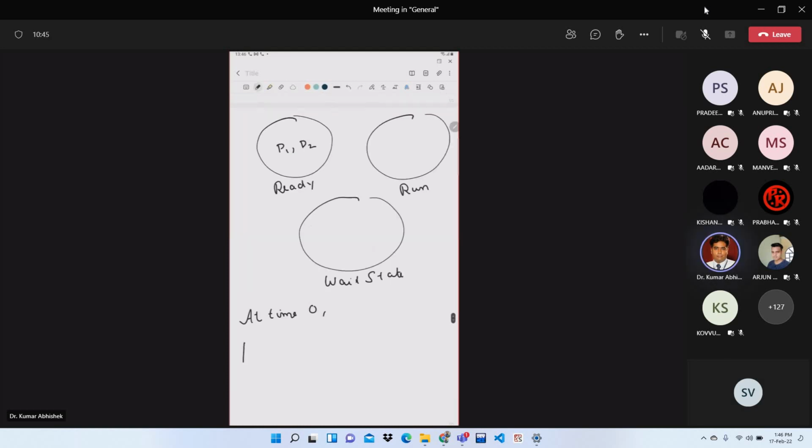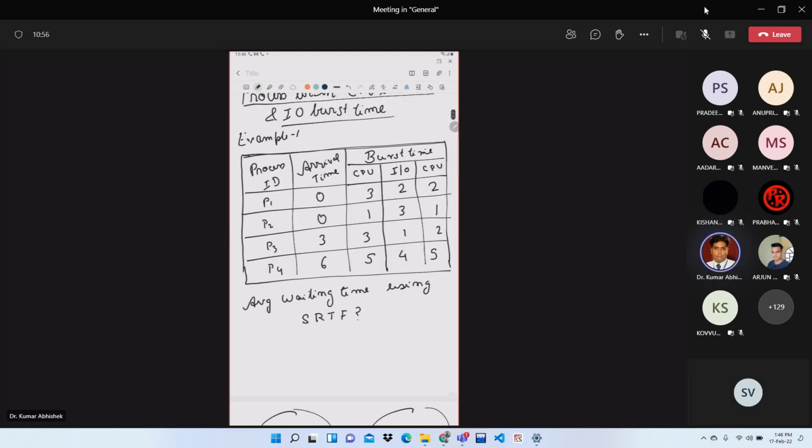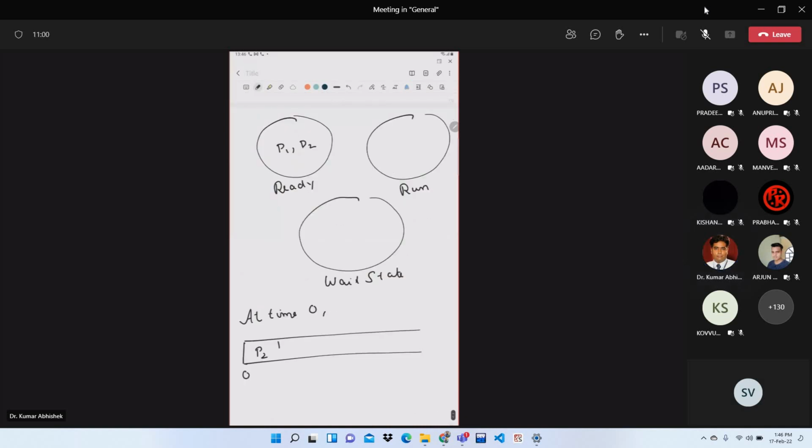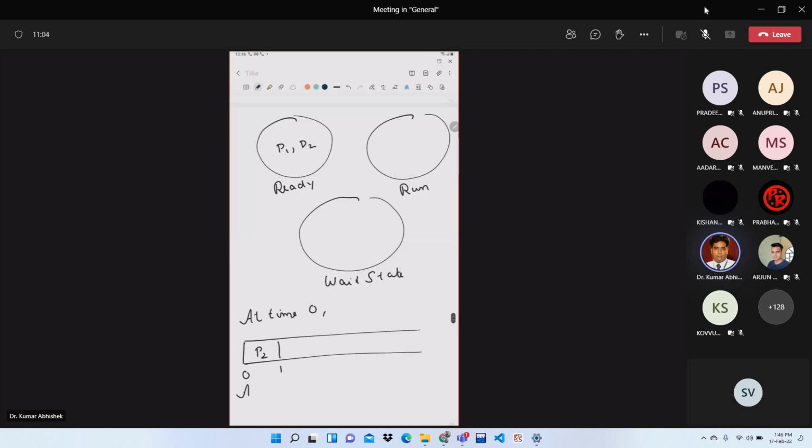The Gantt chart at time 0 will start with process P2. What is the burst time of P2? It is 1. So it will go till 1. Now see, at time 1, what happens?